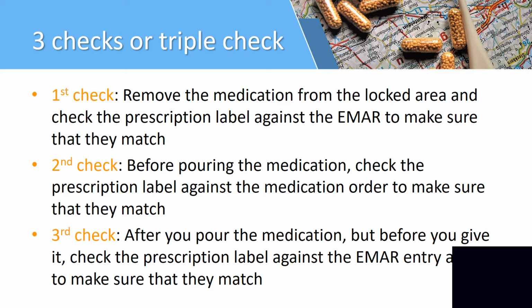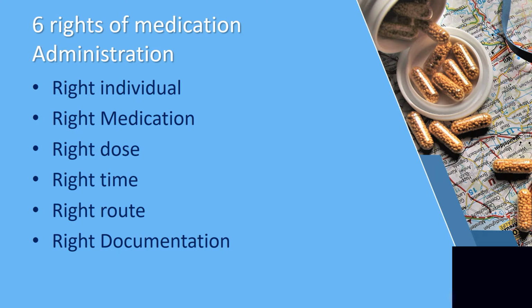The second check is before you pour out the medication or pop the bubble, check the prescription label against the medication order to make sure that they match. And your third check in your triple check set, after you pour out the medication, but before you give it to the resident, check the label again to make sure that the label and the EMR entries match.